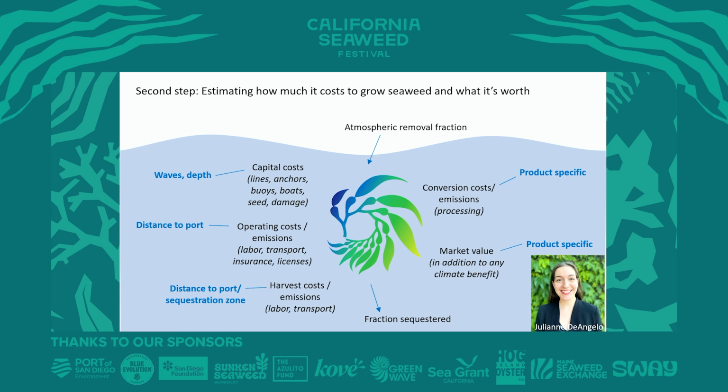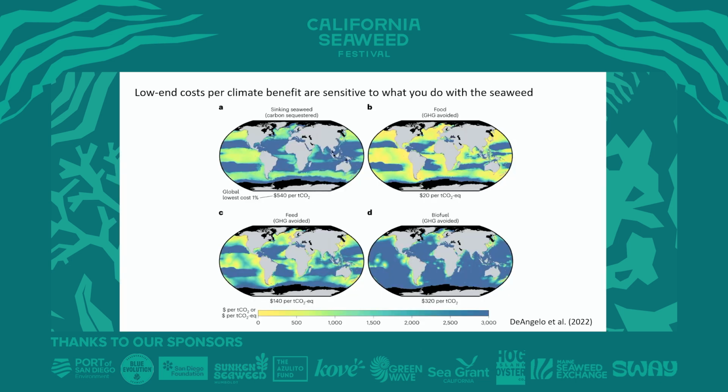But in order to make this kind of back-of-the-envelope estimate, you need to include all the costs of cultivating, like the farm costs, transportation out to the farm to harvest, the labor, and the value of the different products that you would make from the seaweed. And it turns out that sinking seaweed is, at least from these estimates, usually not the most profitable thing to do with it, carbon-wise.